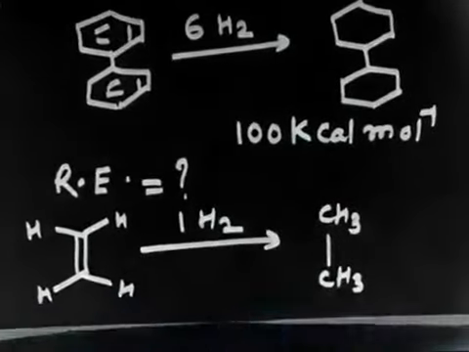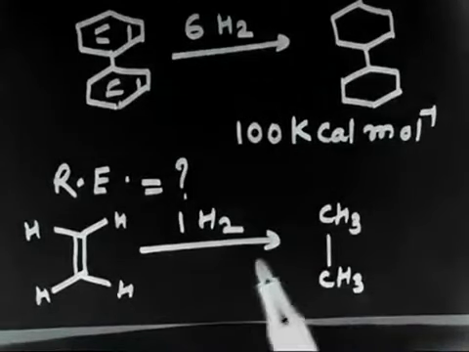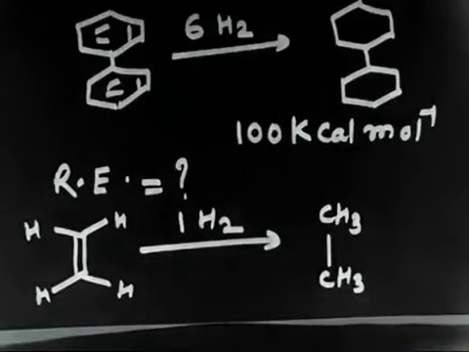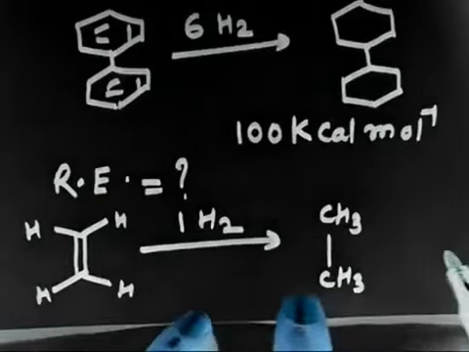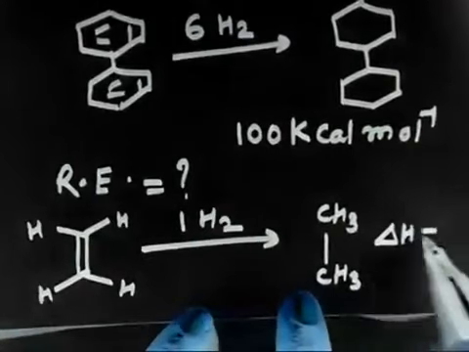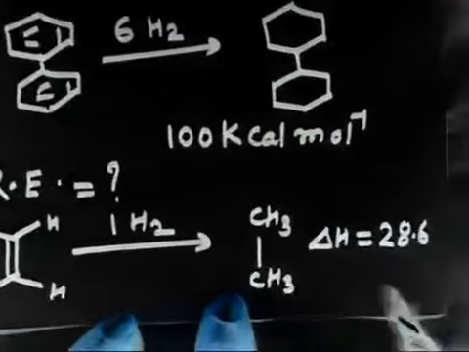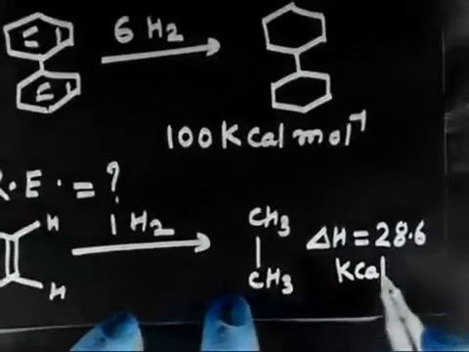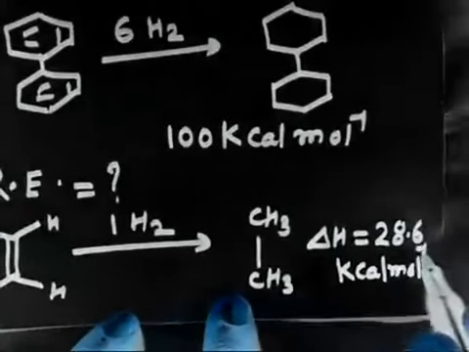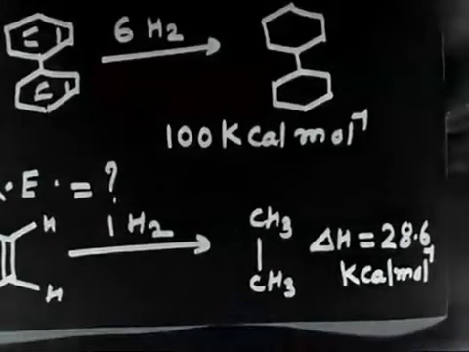So if you reduce 1 mole of double bond with 1 mole of hydrogen, the amount of heat liberated is 28.6 kilocalorie per mole. So in this case, delta H is 28.6 kilocalorie per mole. Are you getting? So calculate the resonance energy in this case.